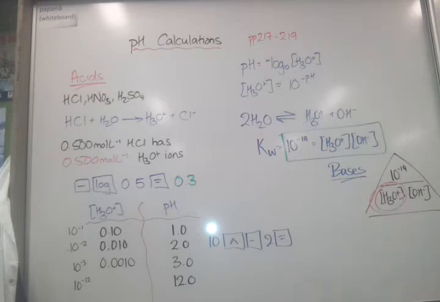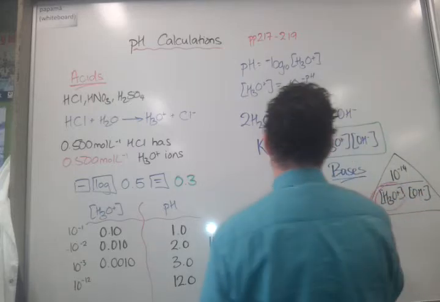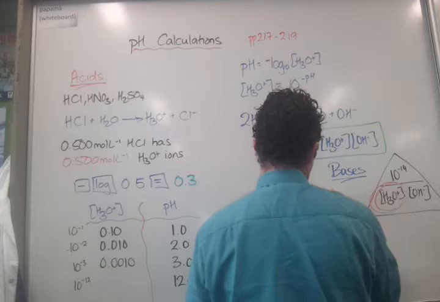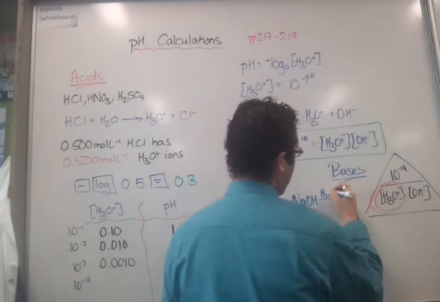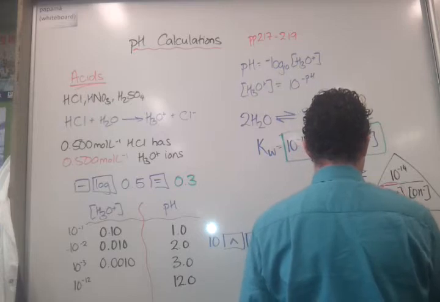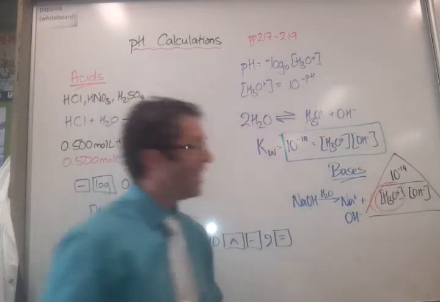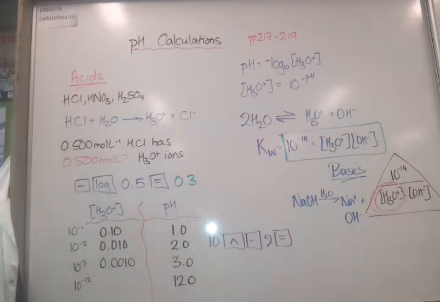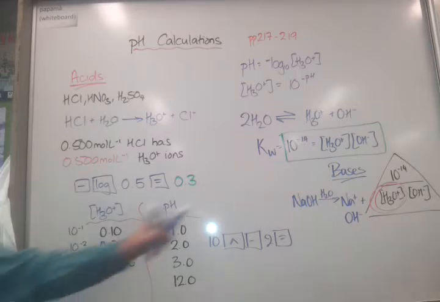Sodium hydroxide. Let's say I've got that dissolving in water. So I have NaOH, and in this case I actually can put the water on the top, and it turns into sodium ions and hydroxide ions. Let's say I've now got 0.5 moles per litre of sodium hydroxide.